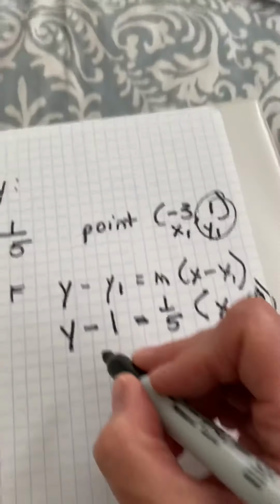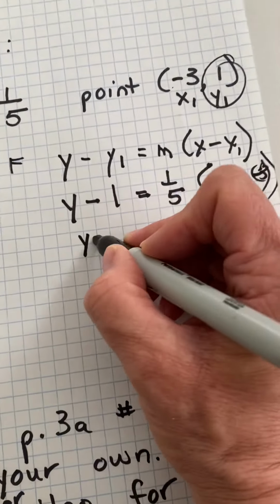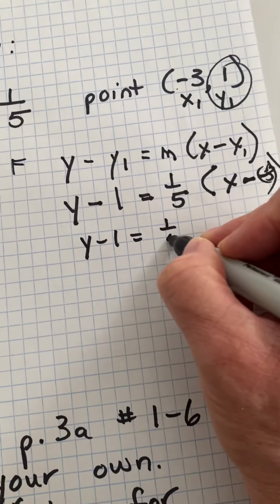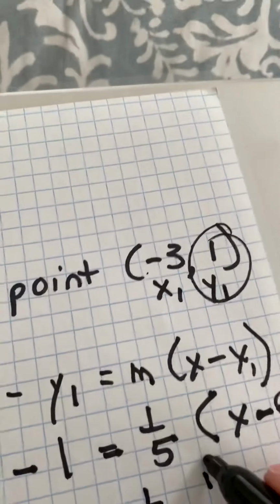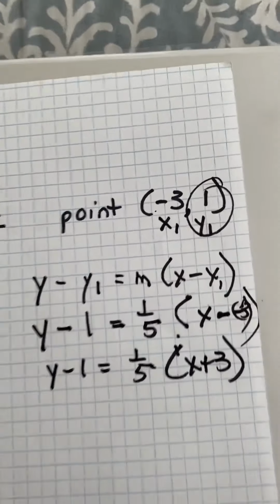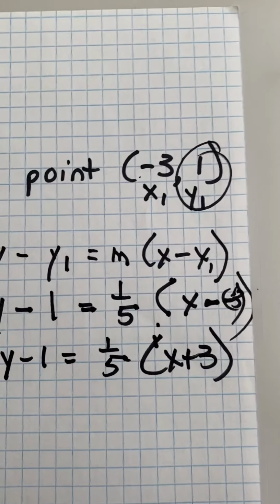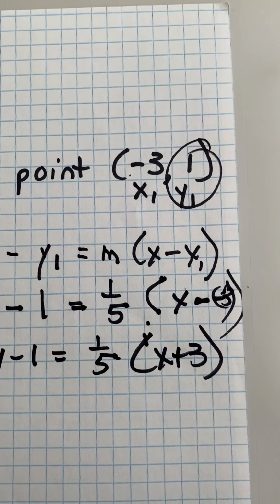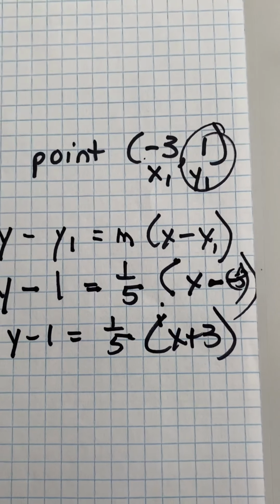Now, what is x minus negative 3? Well, x minus negative 3 is x plus 3. So, my point slope form is y minus 1 equals 1/5 times x plus 3.